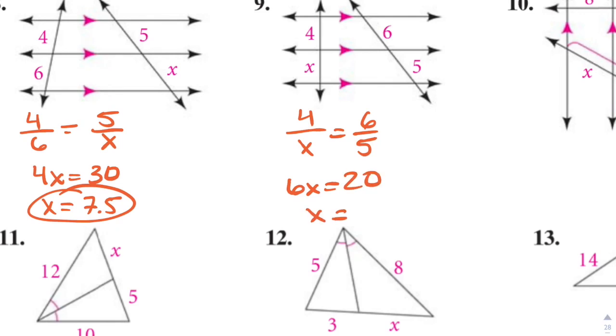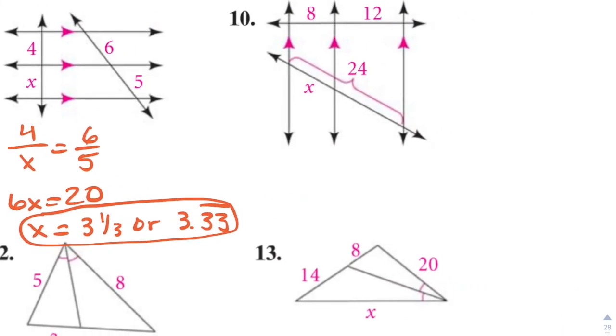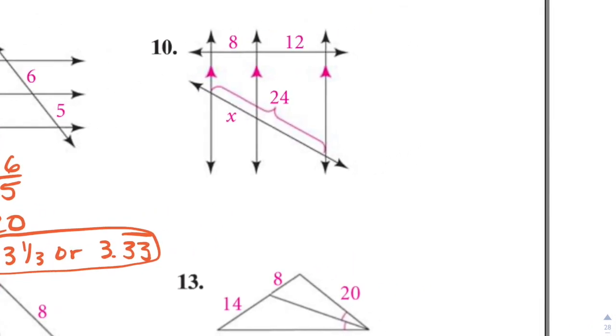So we divide both sides by 6. 20 divided by 6. We have 3 1/3. We could write it as 3 1/3 or 3.33 repeated. Don't forget to put your vinculum over your 3s to show that it goes on forever.